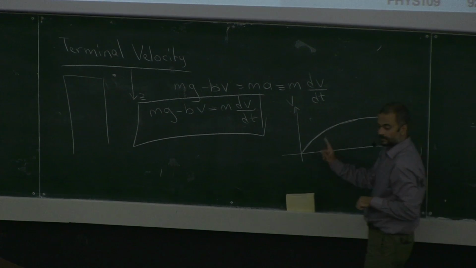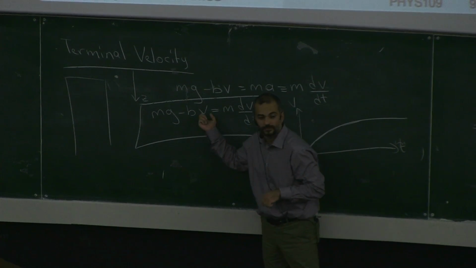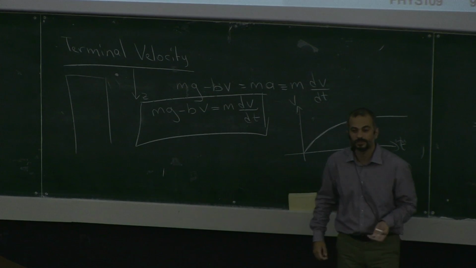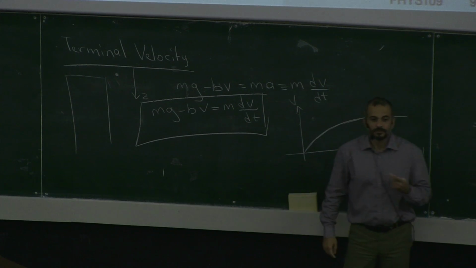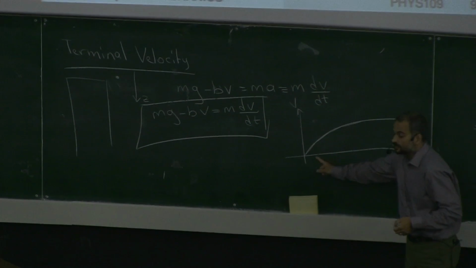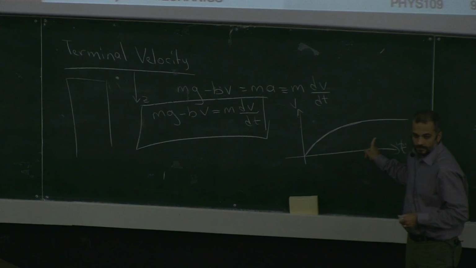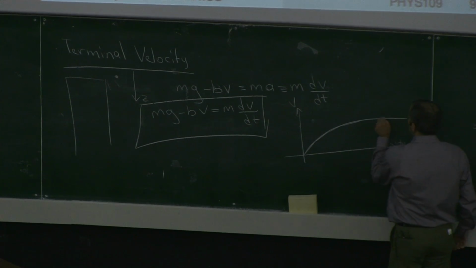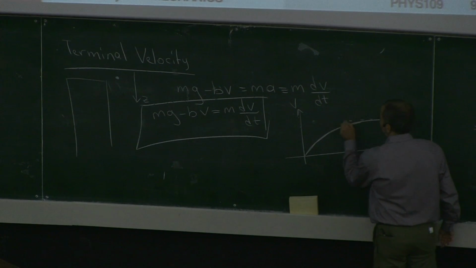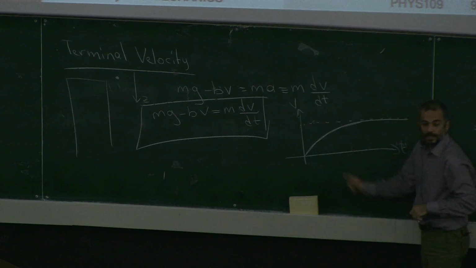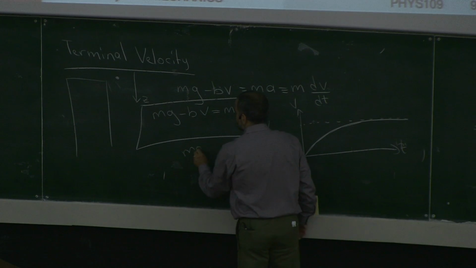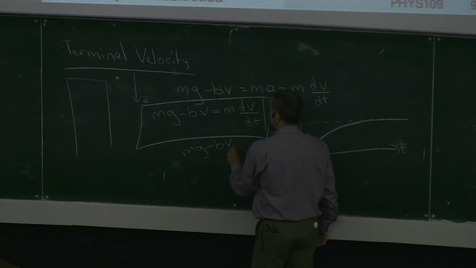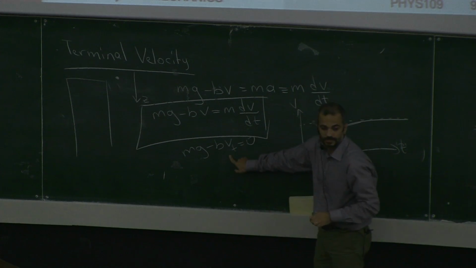It will increase. Since we are starting from rest, it will always have some positive acceleration. But the acceleration will get smaller and smaller as the speed is increasing. Eventually, the acceleration will be almost 0. The acceleration will be 0 when mg minus bv_t equals 0, where v_t is the velocity.